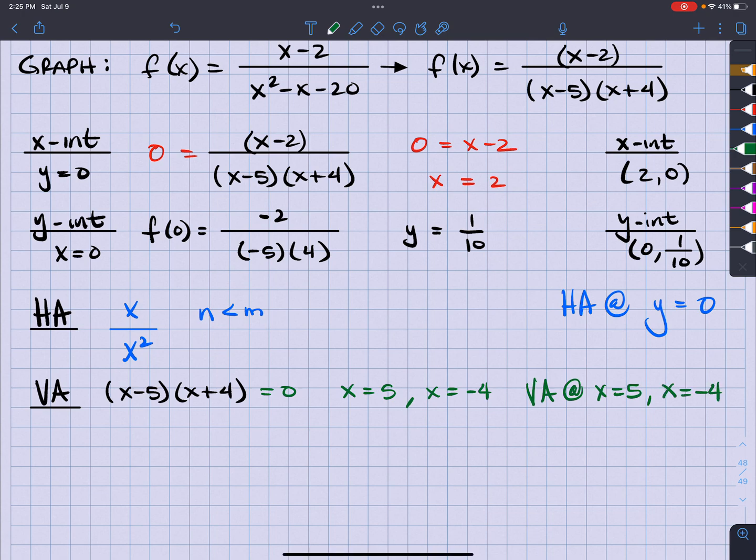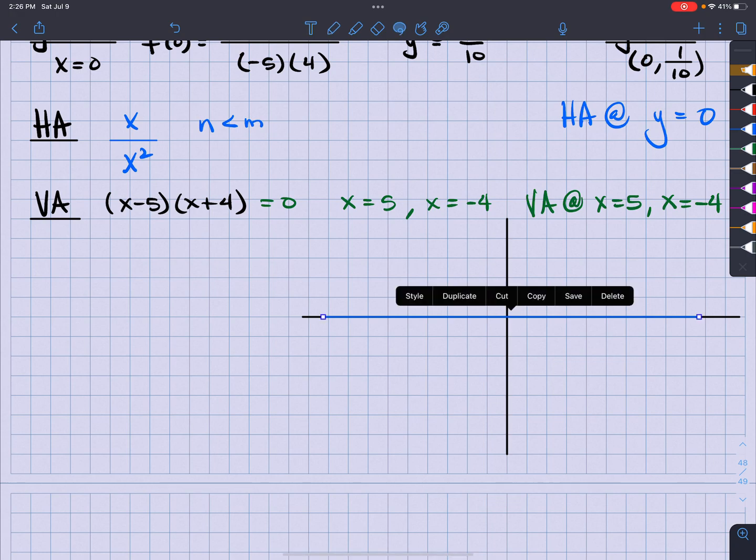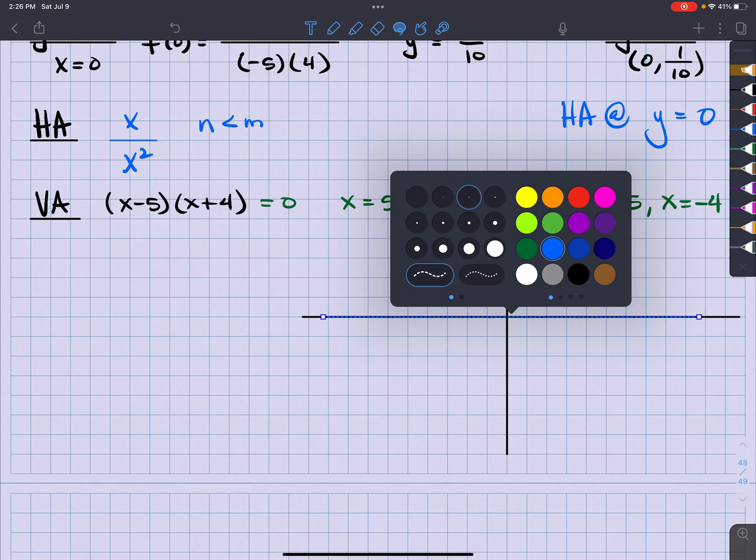All right, so now I can graph. Let me bring it over here, because in case I need to make a table, I can. I have a horizontal asymptote at 0, so it's going to be right in here, and that's going to be dotted.